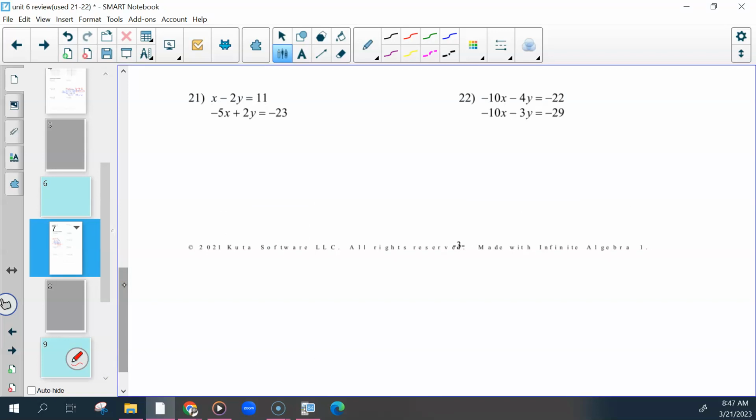Alright, for 21, do we have common coefficients or similar coefficients? Yes. Which ones are common or similar, the y's? So we don't need to multiply anything. Would we add these together or subtract them?